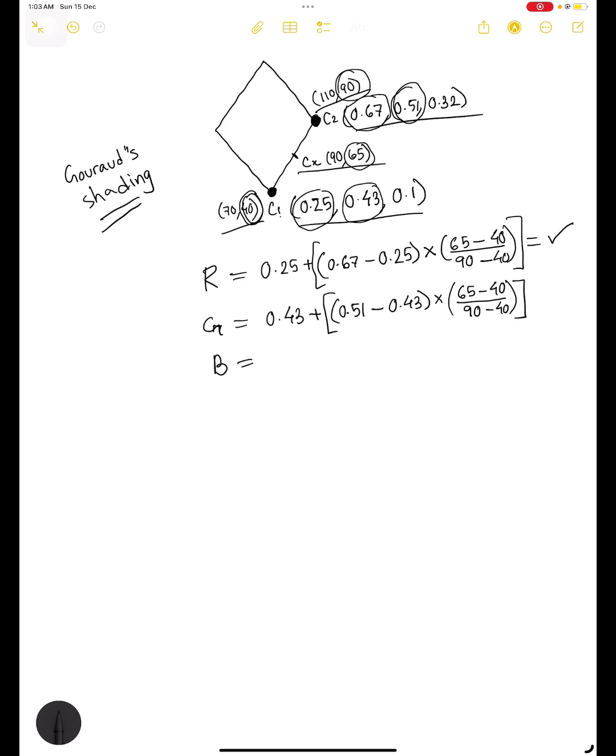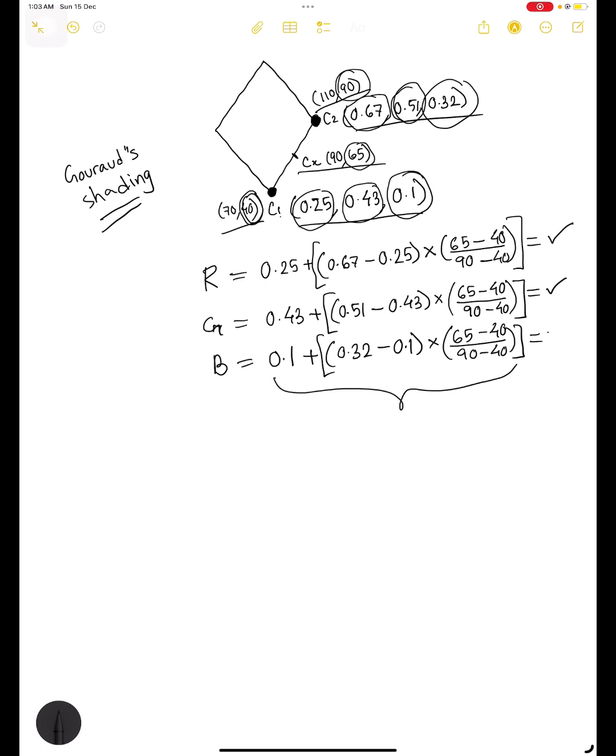Using this, we will find the green component value of CX. Again, the blue component starts from 0.1, and the difference between the two blue components is 0.32 minus 0.1, into the same proportionate values here, which is 65 minus 40 divided by 90 minus 40. And again, doing this entire calculation, we will find the value of the blue component of CX.